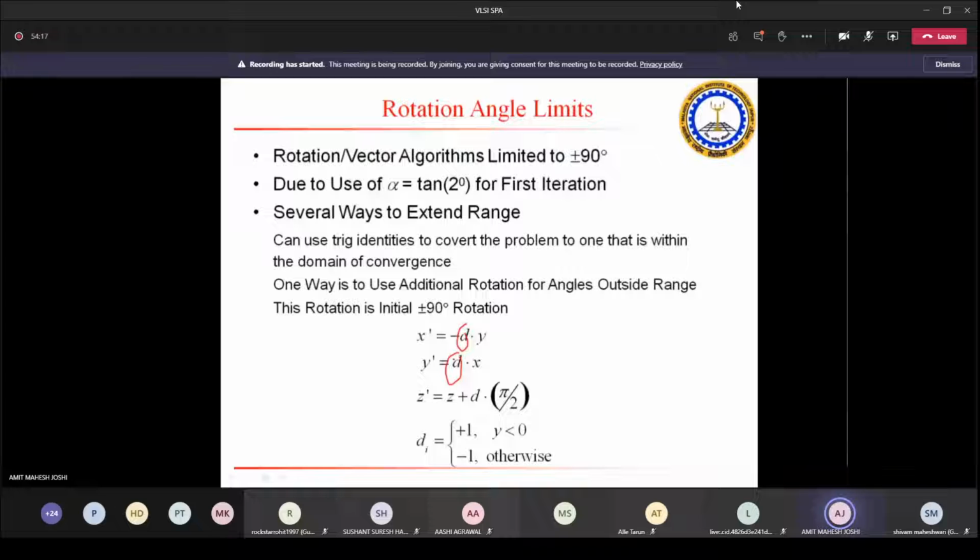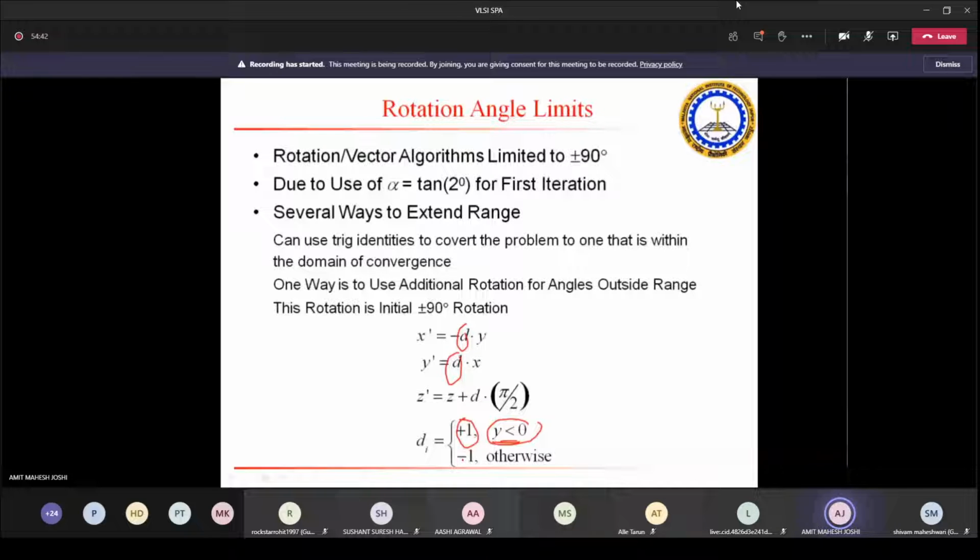So ultimately I am finding out the difference always, and if that difference is less than 0, then I need to go for a +1. That's what I said, that if I am starting with alpha 0, if it is 45, then that 45 is greater than 30. So 45 minus 30 will give me a positive difference.